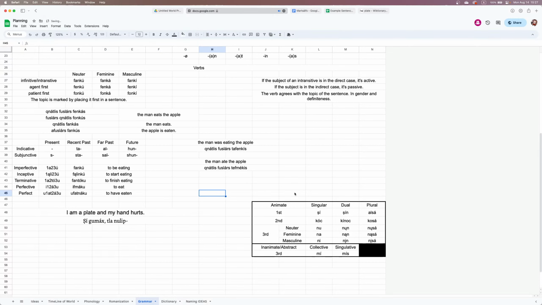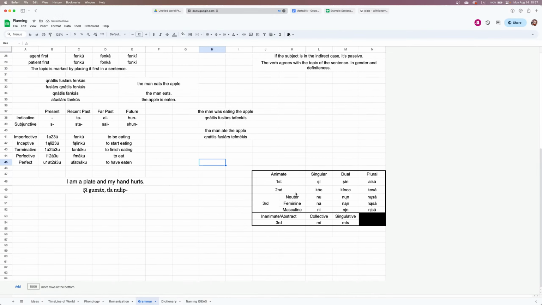And then this is where the Semitic style pronouns come into play. Also Celtic, if you know those languages. Instead of having a word for my hand, we have a separate pronoun for my.